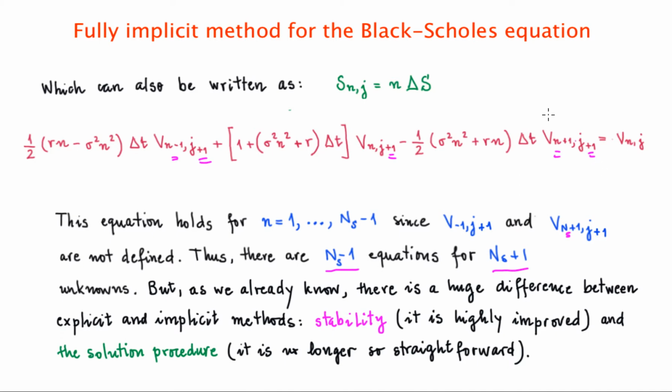But there's no way of getting an explicit solution of these equations for the V evaluated at j plus 1 as a function of the V's evaluated at j. So we need to apply a different procedure in order to overcome that difficulty, and this one will be based on the matrix representation of this fully implicit method that we'll see next.